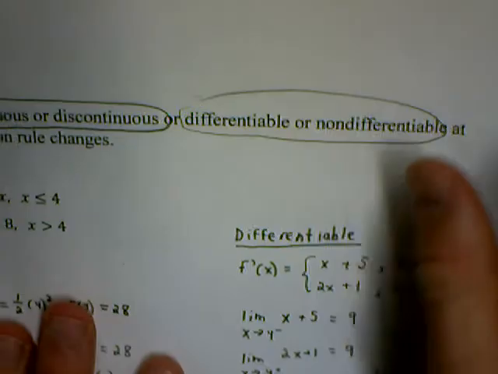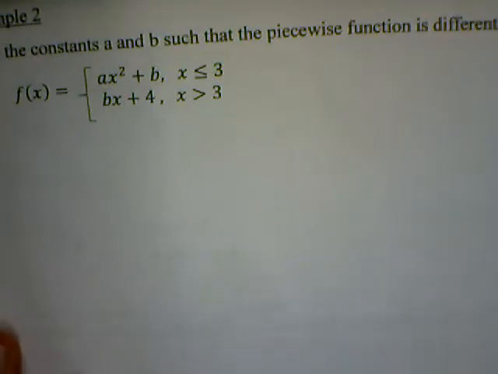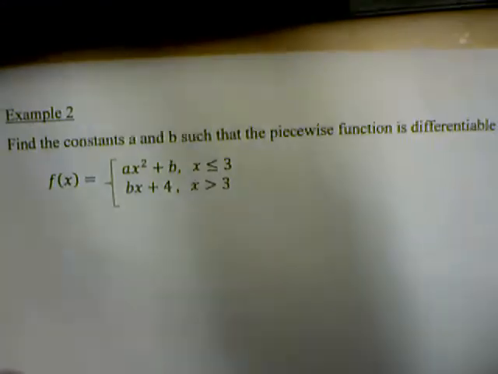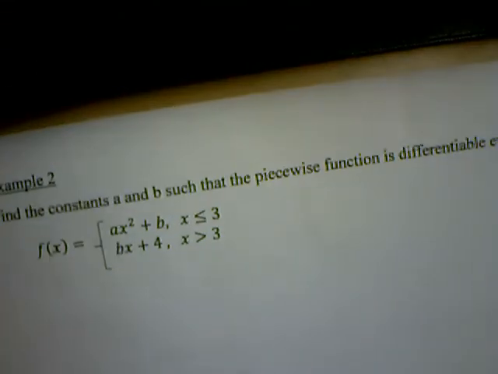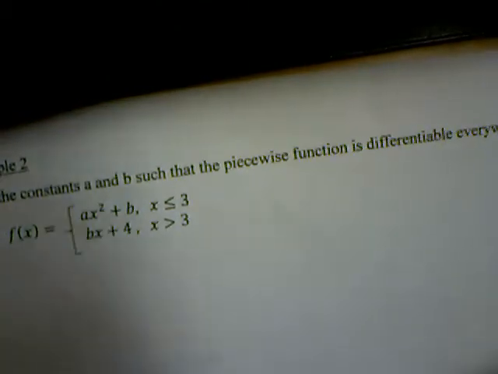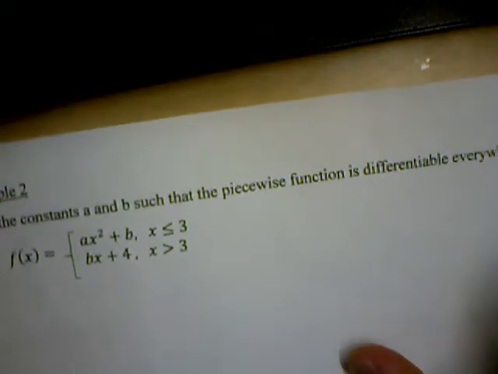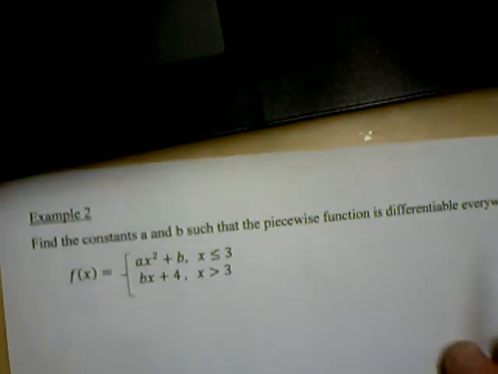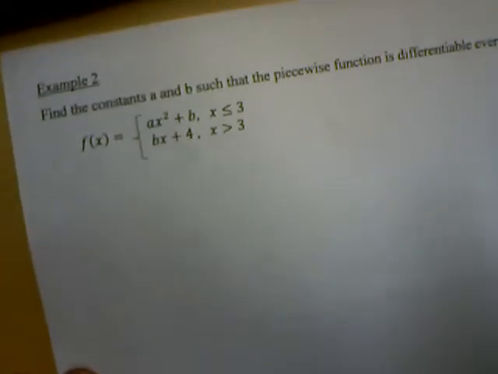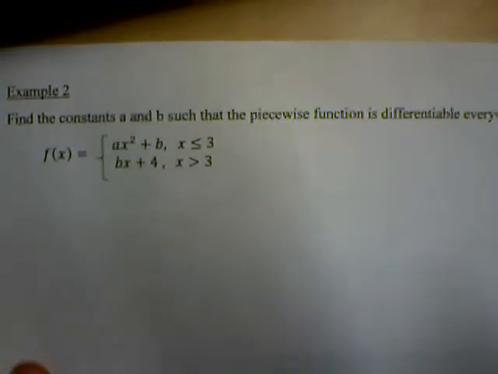All right, now let's do an application problem, where I don't see students making the connection is problems like this. Find the constants a and b such that f of x is differentiable everywhere.